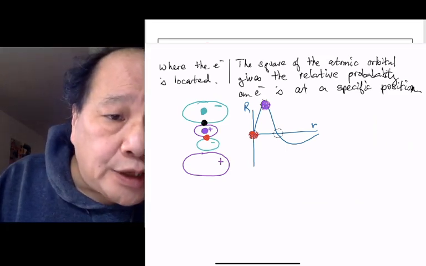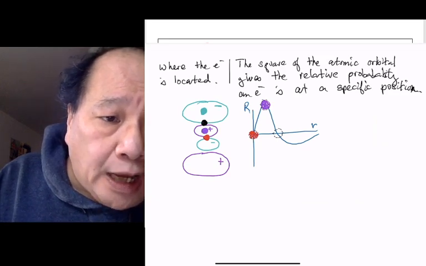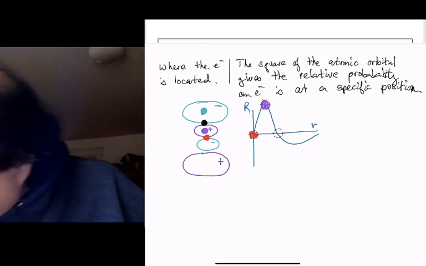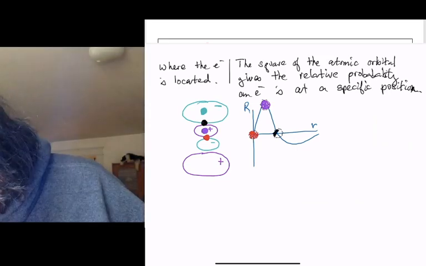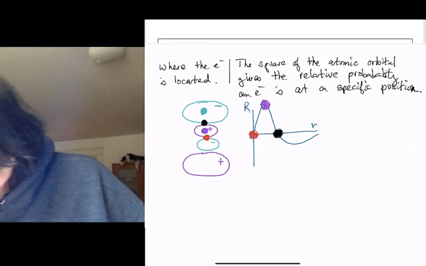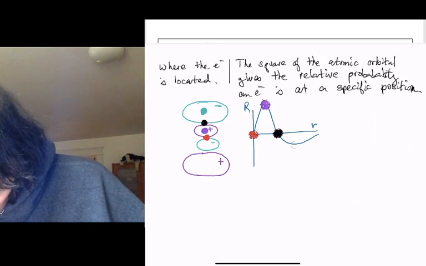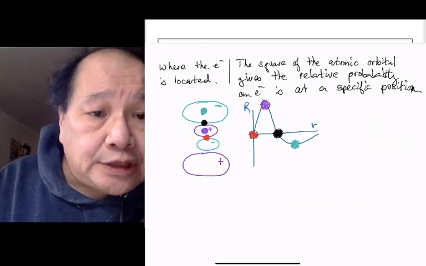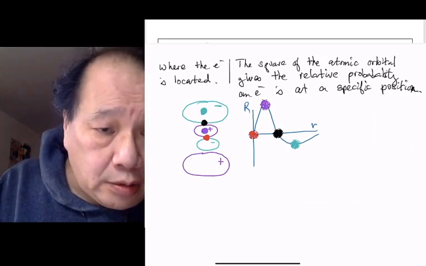I put a dotted line. What is that? Red, purple, black, or aqua? Put it in chat. That is black. And finally, this point here is aqua. So, that's the value of R.